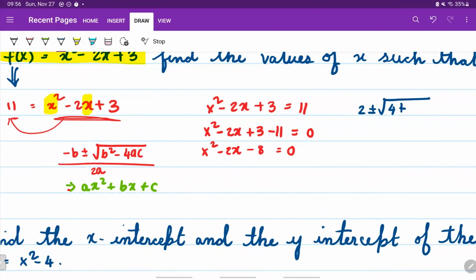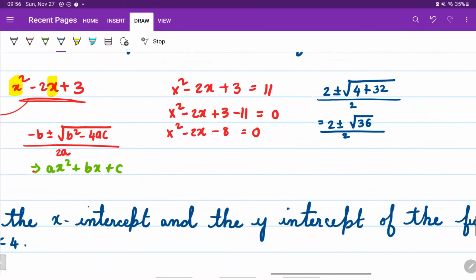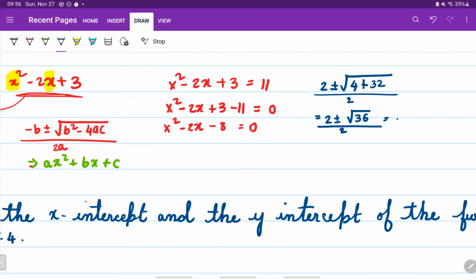So it's 4 times 8, 32, divided by 2a. So this is equal to 2 plus or minus root 36 by 2. So this is 2 plus or minus 6 by 2.